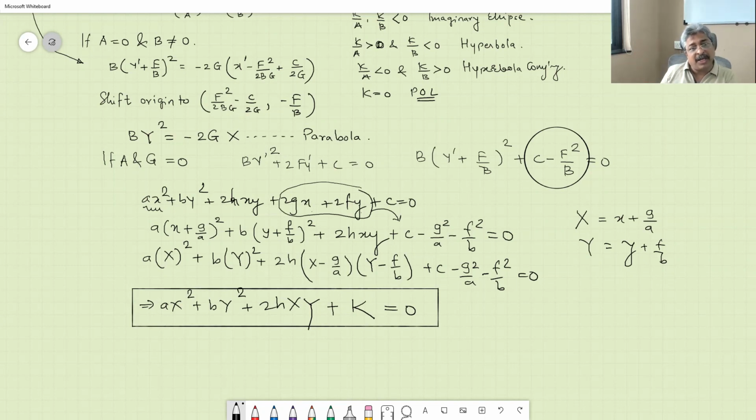So now, because we are doing shift of origin first, the xy term is surviving and the x comma y terms have disappeared.